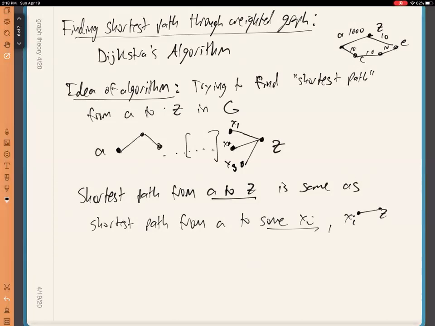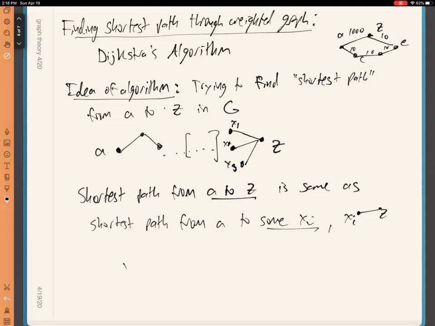So there's some sense in which whatever algorithm's going to work, there are simpler versions of the problem built into the larger problem you're trying to solve, right? So the problem of finding the shortest path from A to Z turns out to be the same as first finding the shortest path from A to some other vertex which is connected to Z, and then also keeping track of, of those, which of the three is the smallest, right? So finding the shortest path from A to Z is the same as finding the shortest path from A to a different vertex, and then the shortest path from that vertex to Z, taking into account all the possibilities, right?